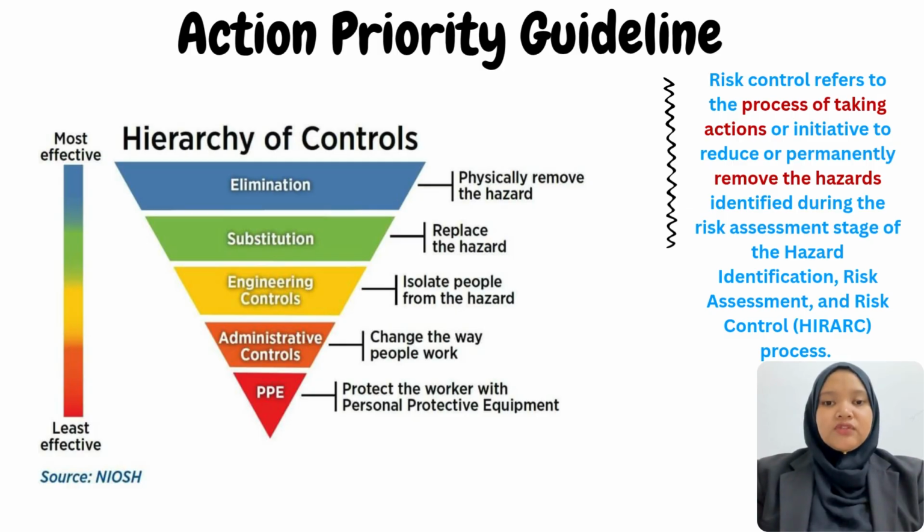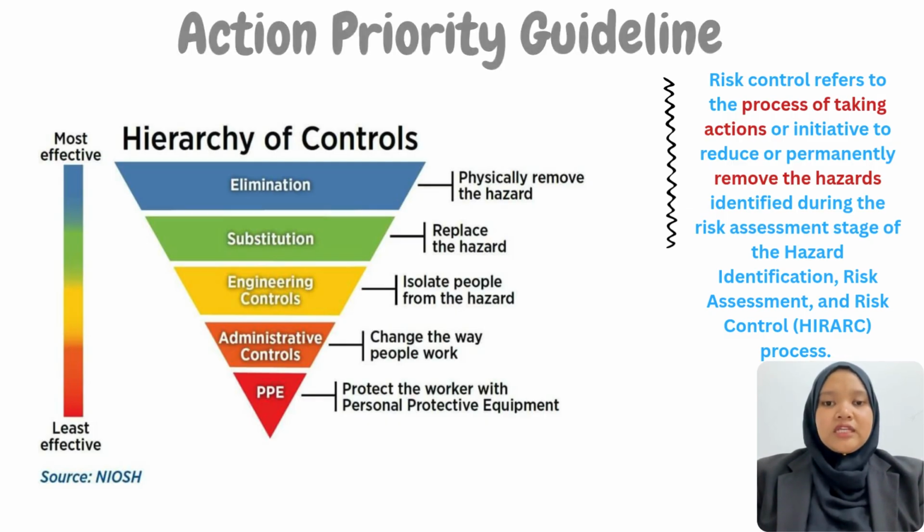Next, administrative controls, changing the way people work, including policies and procedures. Last but not least, PPE, personal protective equipment. This is the last line of defense to protect workers. The goal of risk control is to take action, either reduce or completely remove hazard identified during the HIRAC process, which stands for hazard identification, risk assessment, and risk control.